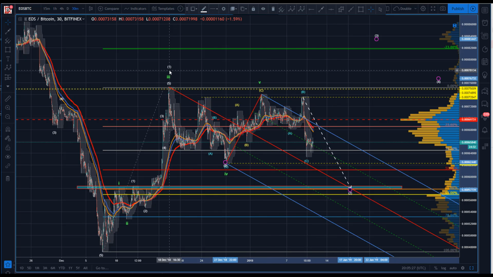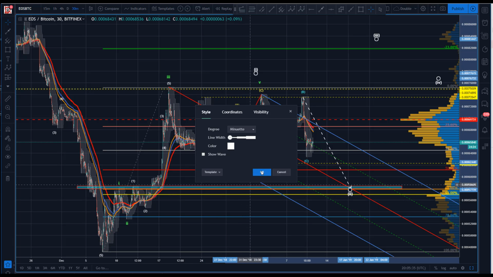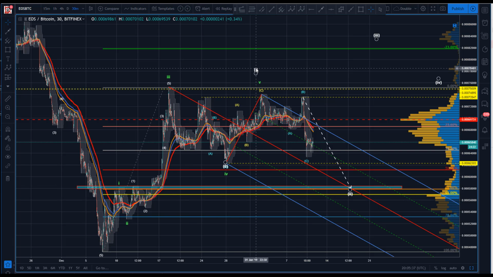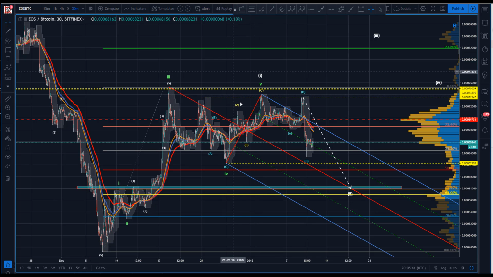Am I 1? Yeah, I would. So let's see, this would be the 1. Let's go up a degree here and see if we can get that to make sense. So here's the alternate. If that's the 5 here on a failure swing, running into this resistance, this would have to be your ABC. We'd have to go this way.